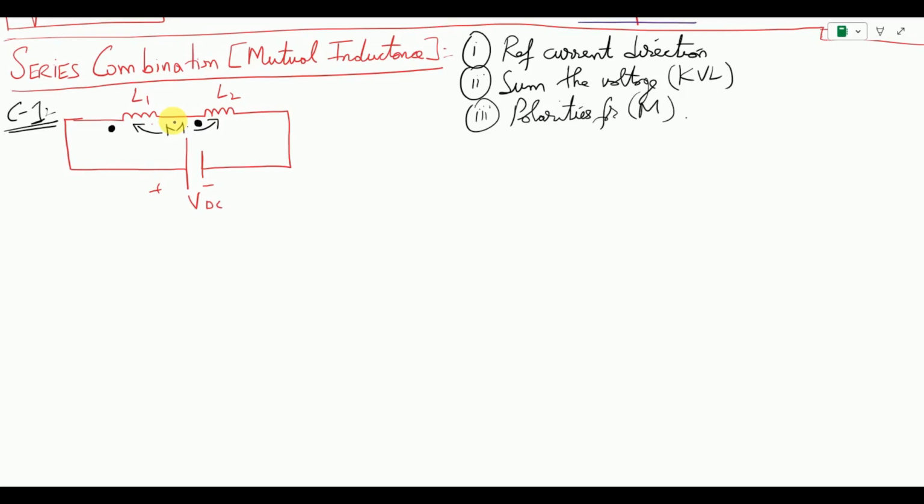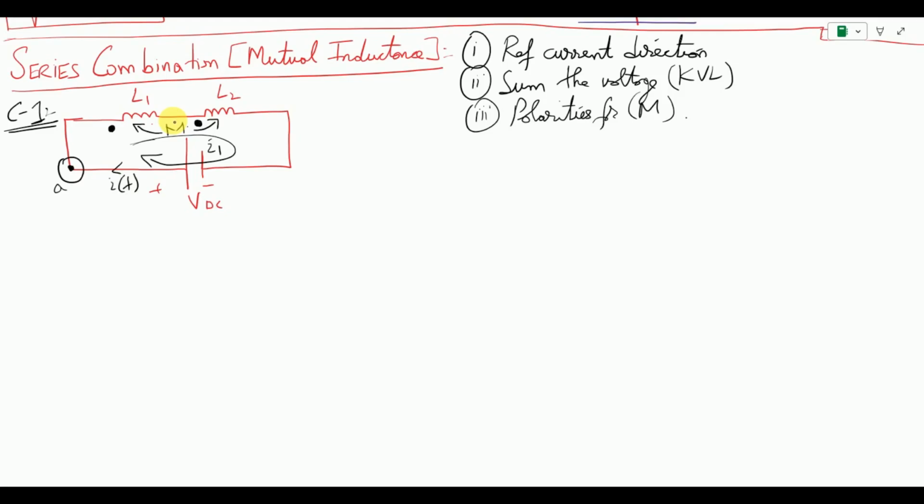Okay, so let us keep it simple. We take the current's direction to be clockwise, so let me call this I1. And I can start from any voltage I want. I can start from this node position, let us call this node A, and do the analysis for this KVL. We know that the voltage is going to generate a current I of t.